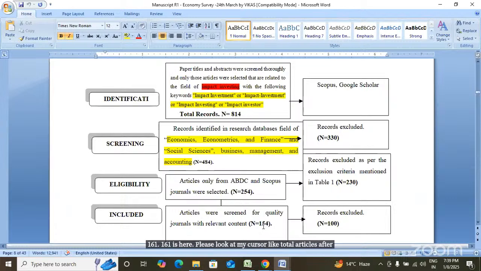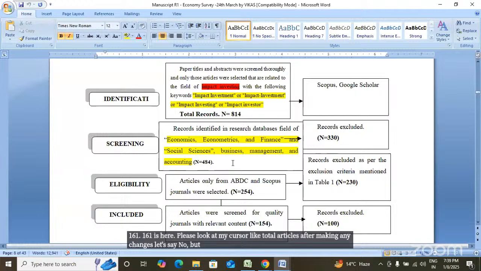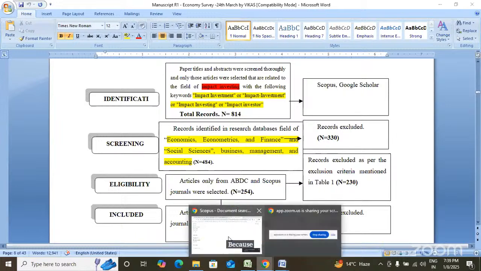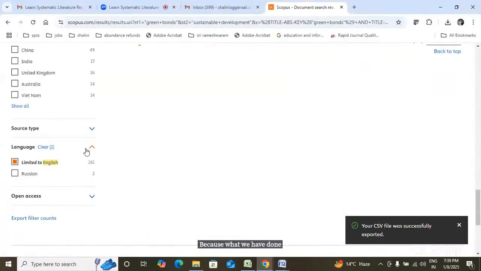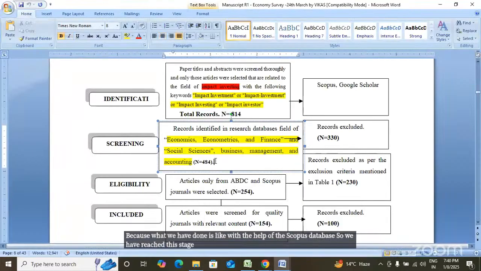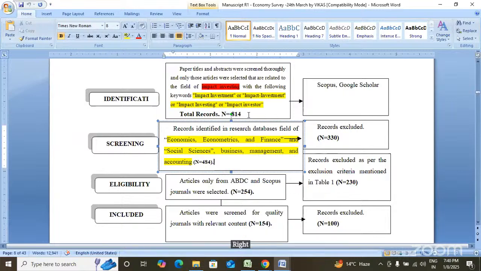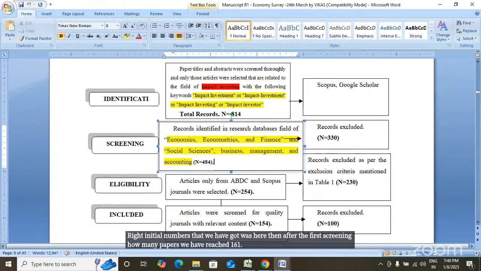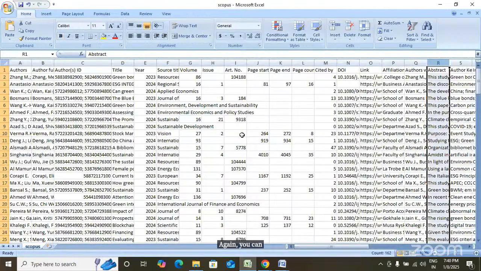Let's say no, sorry, it is here till here. 161 articles is still here, because what we have done is with the help of the Scopus database, we have reached this stage over here, 161. Initial numbers that we have got was here. Then after the first screening, how many papers we have reached? 161.